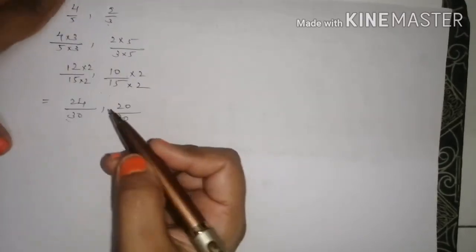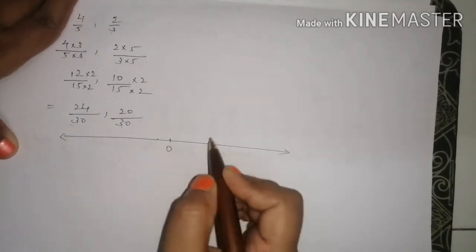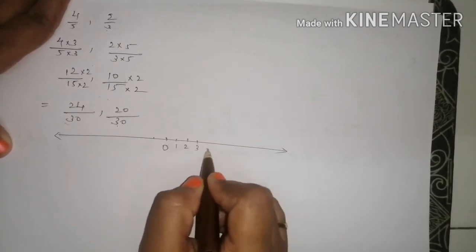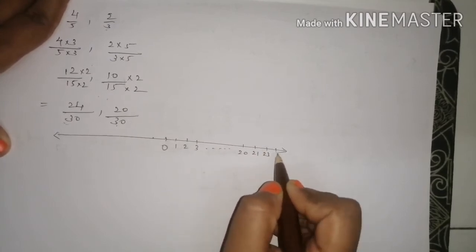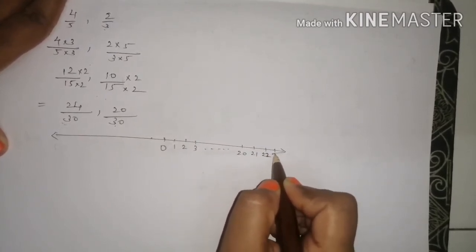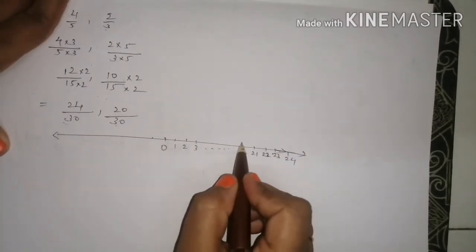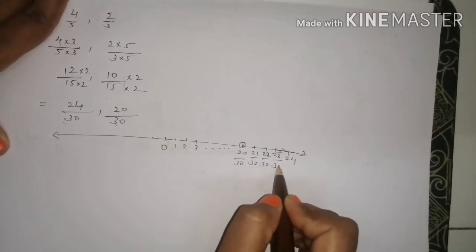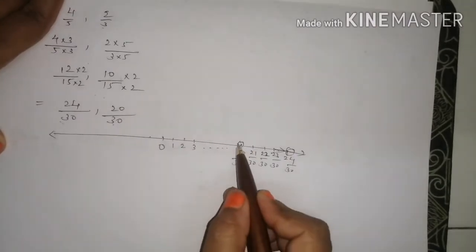If you want, you can see it on a number line. Suppose this is 0, and this is 1, 2, 3, like this 20, 21, 22, 23, 24. So between 20 upon 30 and 24 upon 30, we want three rational numbers.